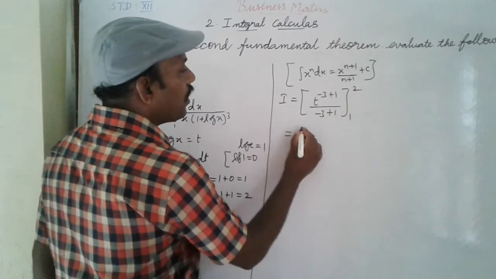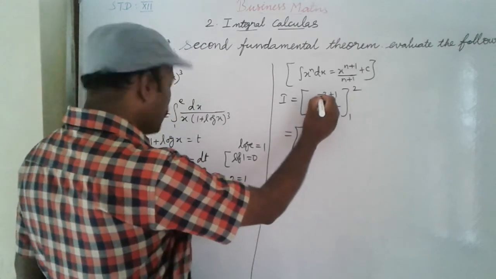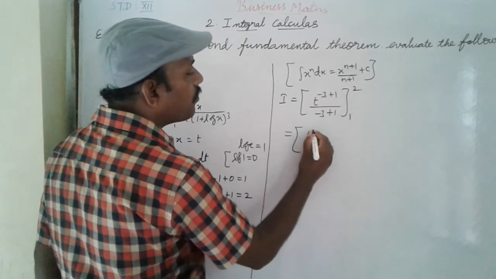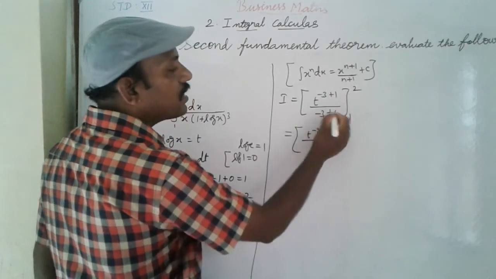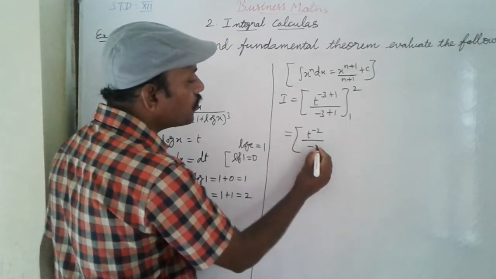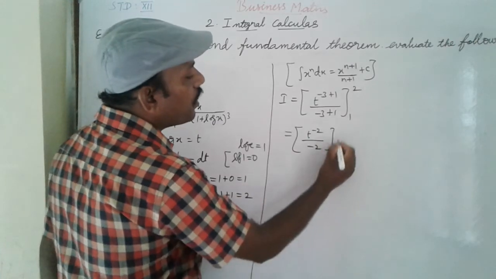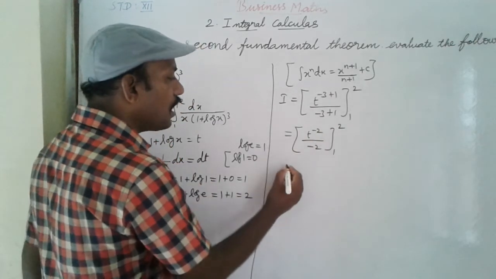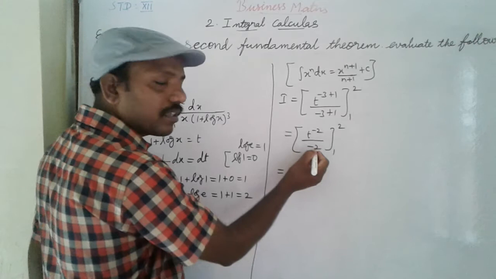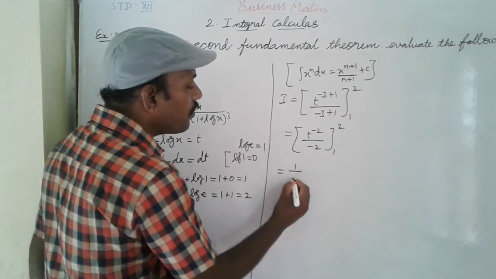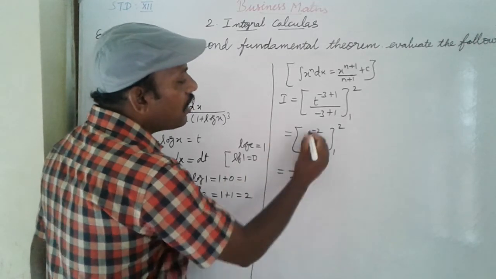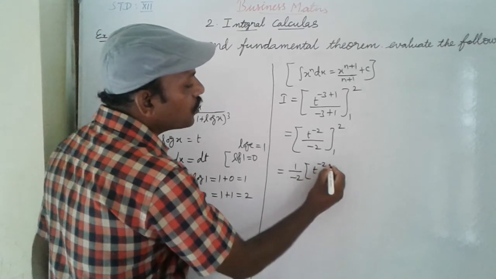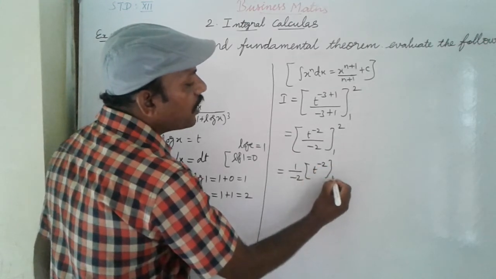So t power minus 3 plus 1 is t power minus 2, divided by minus 3 plus 1, which is minus 2. Its limit is 1 to 2. Now we take the constant out: 1 divided by minus 2 into t power minus 2, with limit 1 to 2.